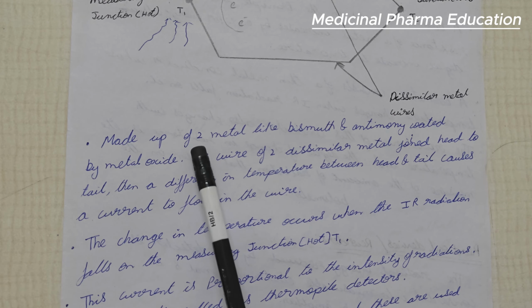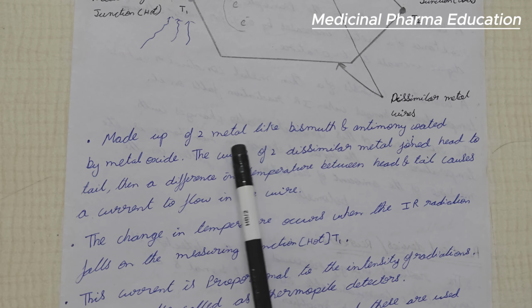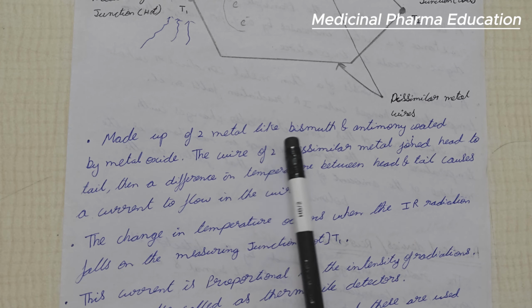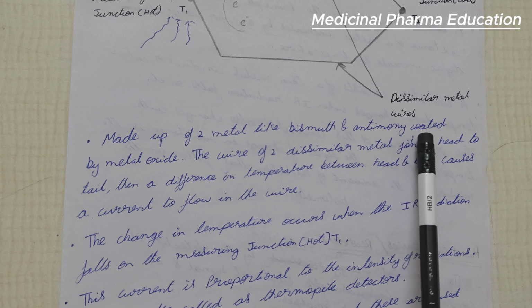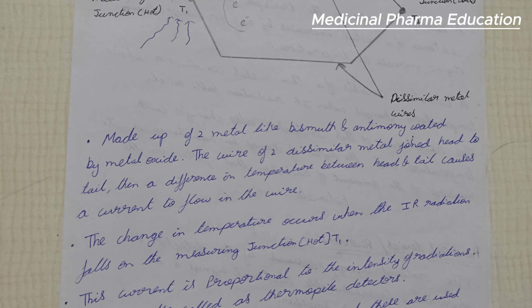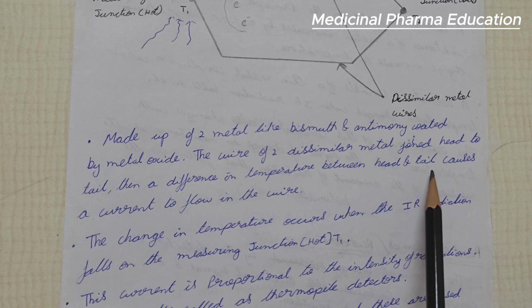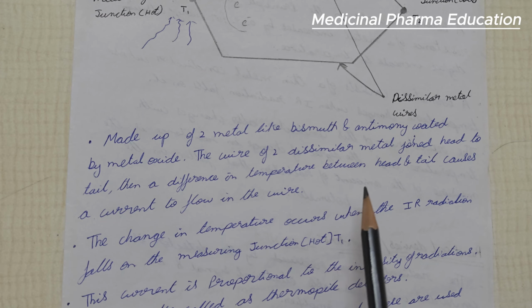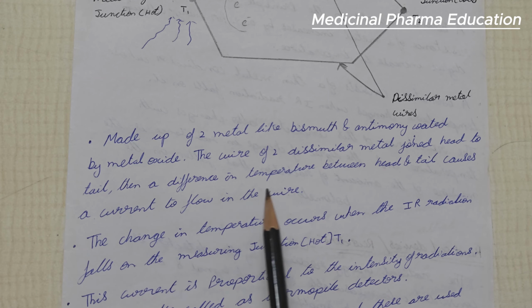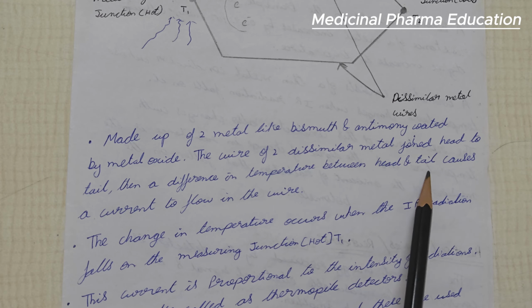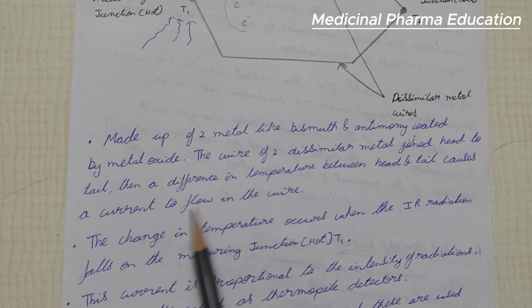It is made up of two metals like bismuth and antimony coated with metal oxide. The wires of two dissimilar metals are joined head to tail. A difference in temperature between the head and tail causes the current to flow. The principle is based upon the change in temperature between the head and tail, and then the current flows.